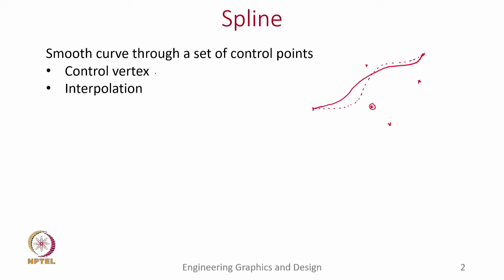This is what we have discussed till now, the control vertex method. The second method is the interpolation method, where once you specify the control points you get a smooth curve passing through all of the control points. So, maybe something like this. Here it should pass through all the control points, but most importantly we are looking at a smooth curve joining all these points.